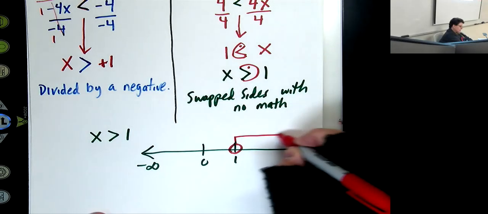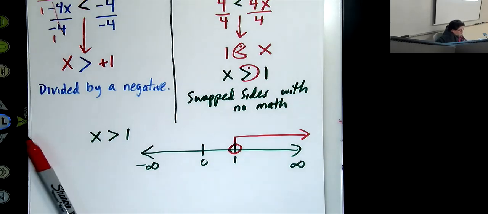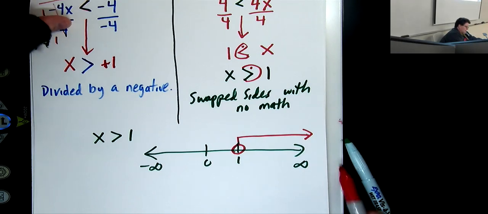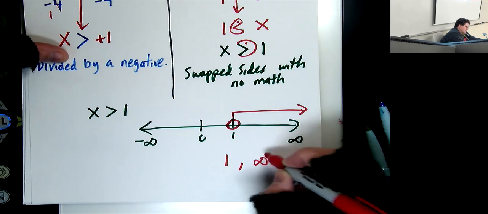And we're looking for values that are greater than. A little bit more, we're going to be here till 6. And if we do the interval notation, we've got 1 to infinity and they both get parentheses.